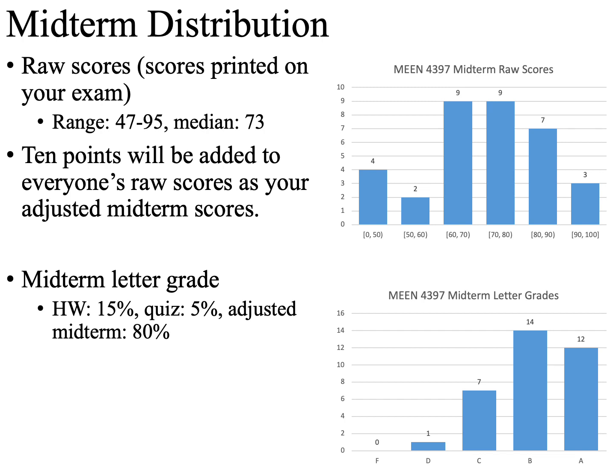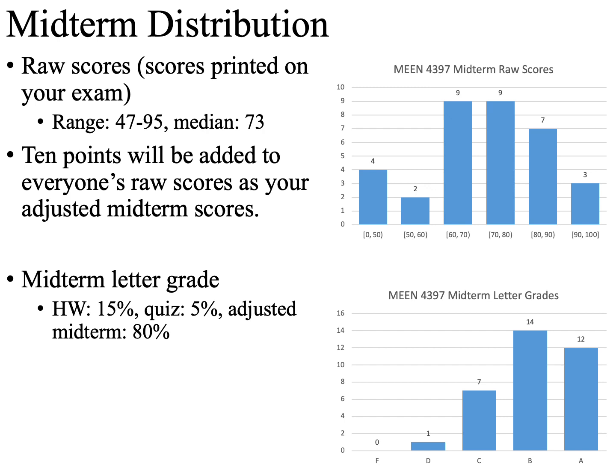To give you a better grade, 10 points will be added to everyone's raw scores as your adjusted midterm score. The adjusted midterm score will be used to calculate your midterm letter grade and also later your final letter grade.